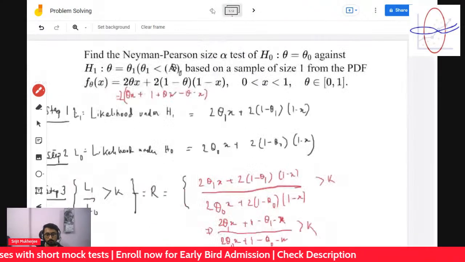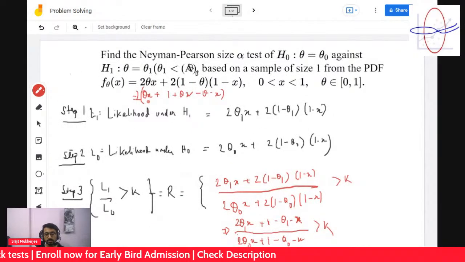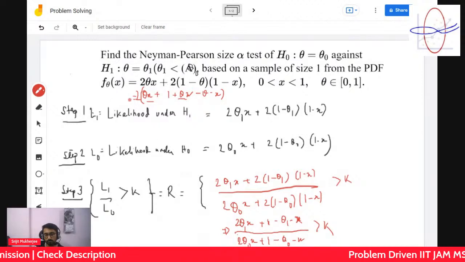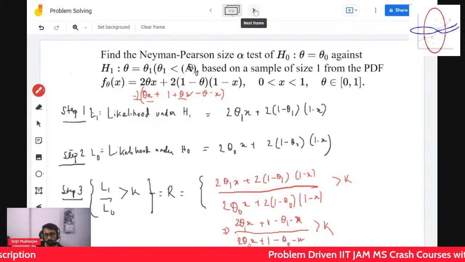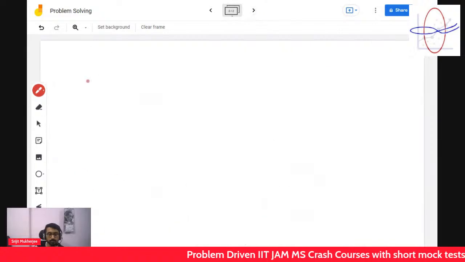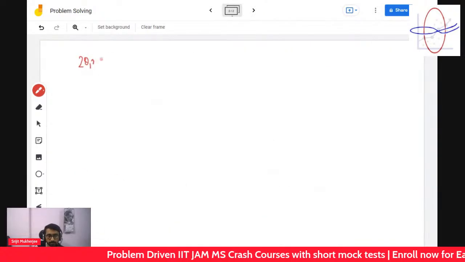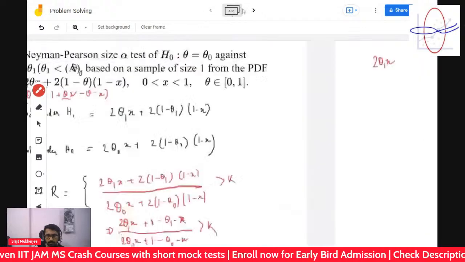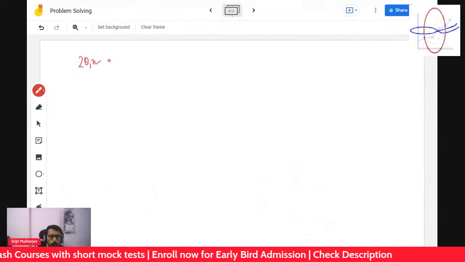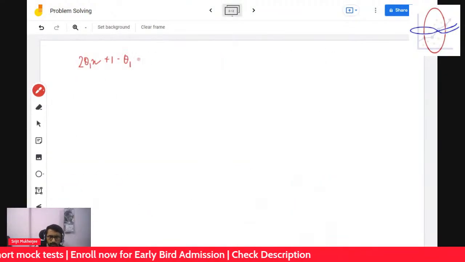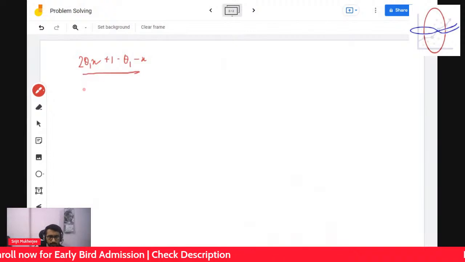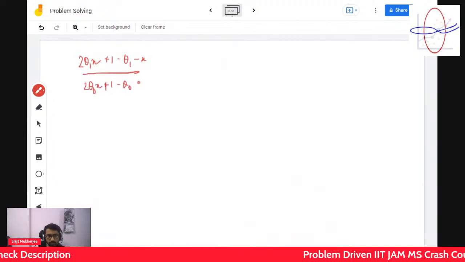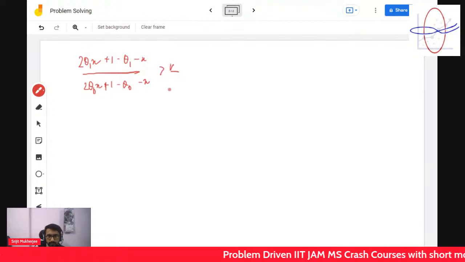Sir, two will not be there. No, this is the 2 theta x now. Oh, okay. Yeah. So you get twice theta 1 x plus 1 minus theta 1 minus x, by twice theta naught x plus 1 minus theta naught minus x, greater than some k.